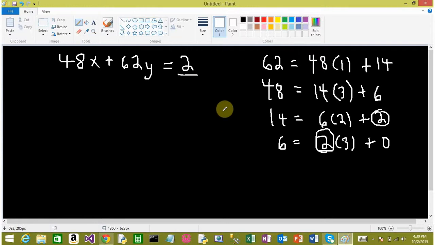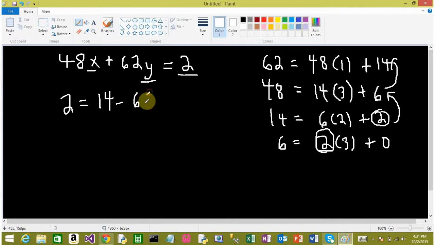So what we're going to do is take these equations that we found earlier, and we're going to work backwards to help us find the values for x and y that satisfy this equation. So we're going to say the greatest common divisor 2 is equal to, solving for 2, 14 minus 6 times 2 in this first equation here.